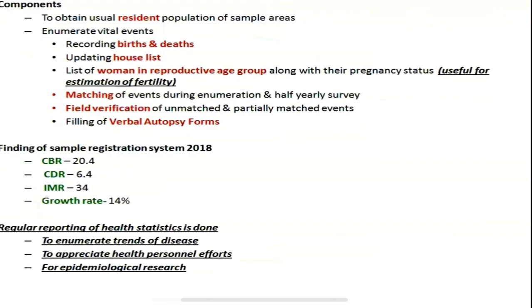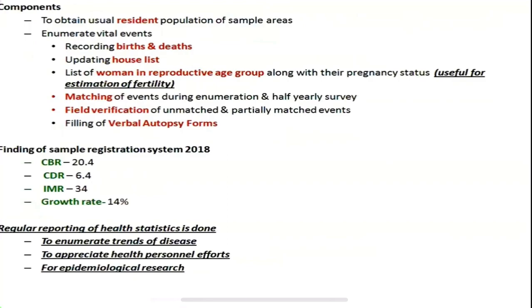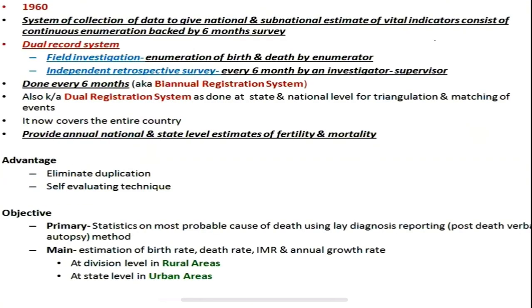So it enumerates the trends of the disease in the community, and also to appreciate the health personnel efforts, those who are working towards these surveys and providing the health services. We appreciate these health personnel efforts, and also for epidemiological researches we get the information.